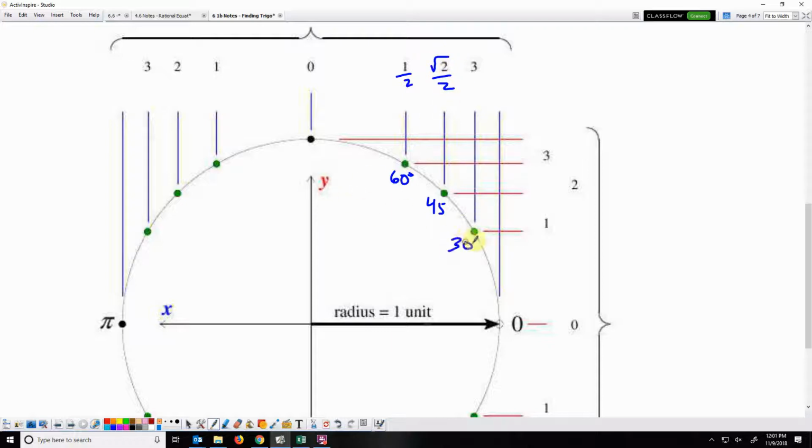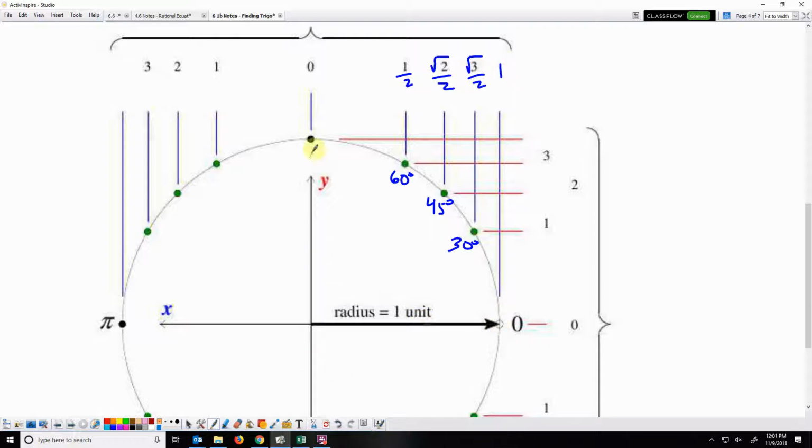And this would be 30 degrees, and that is the third position to the right, that is root 3 over 2. And if I go all the way out to the edge of this unit circle, well, it's a unit circle, so the radius is 1. That would be 1 unit out.